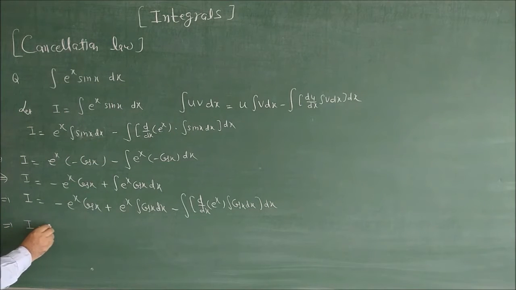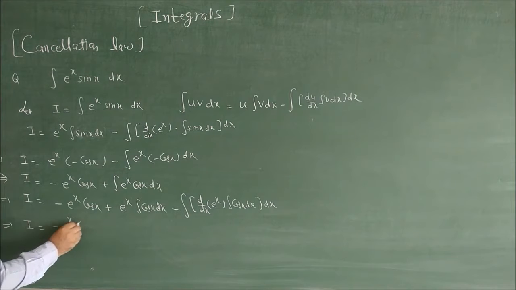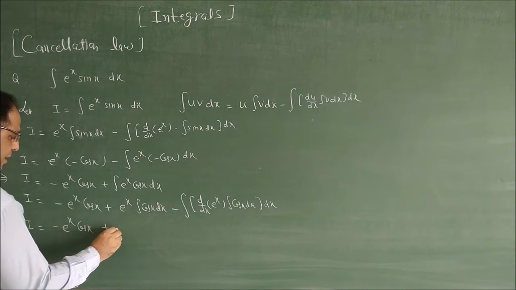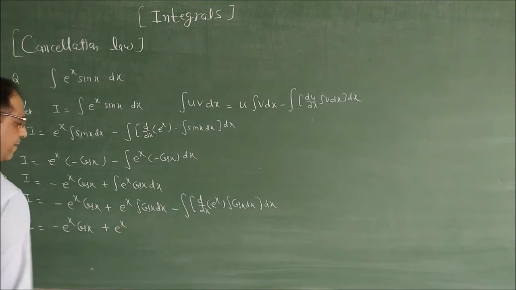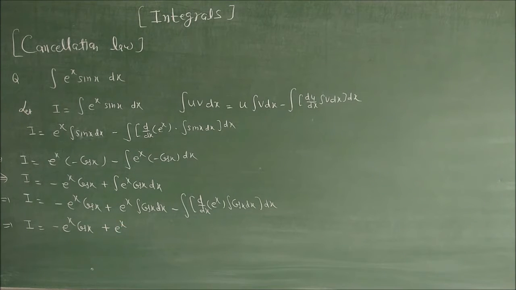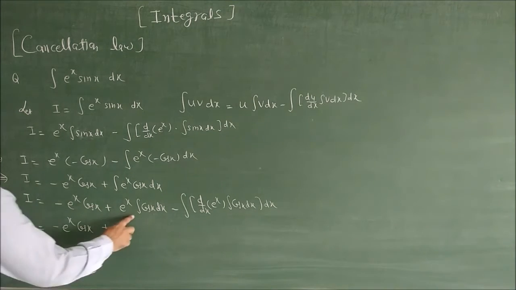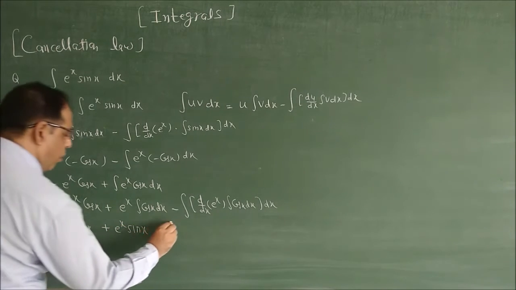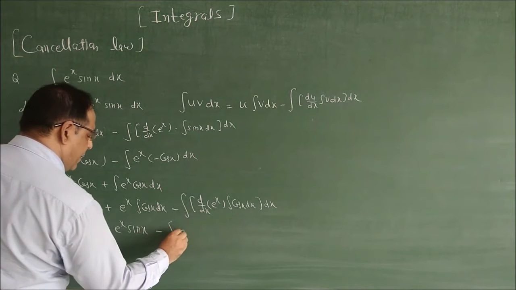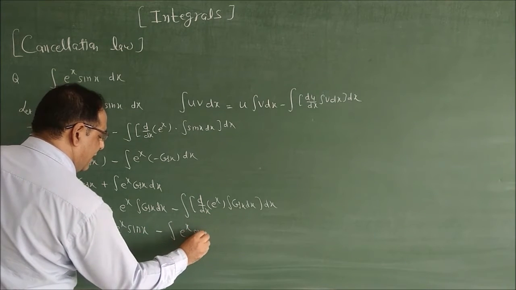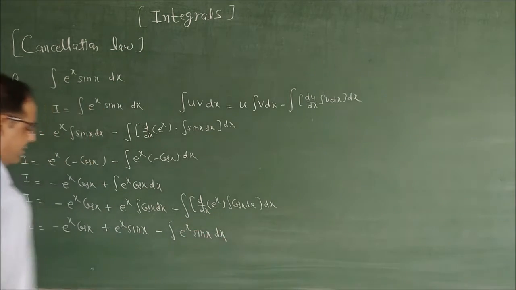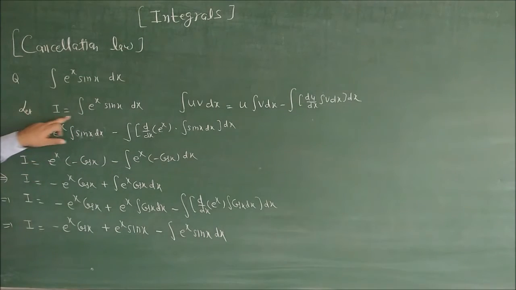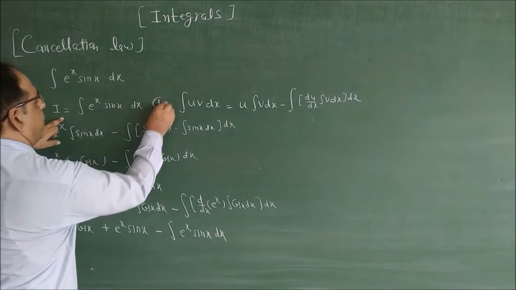So I equals minus e to the power x cos x plus e to the power x cos x, the integral of cos x becomes sin x, minus the whole integral of e to the power x sin x dx. And this integral e to the power x sin x dx is replaced by I from the first.